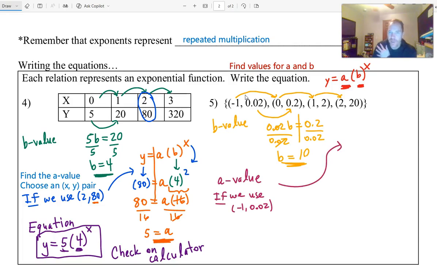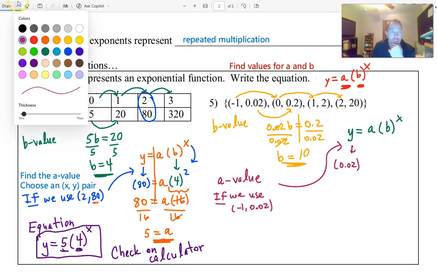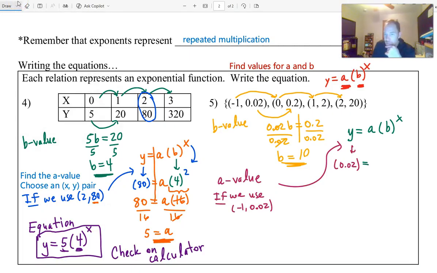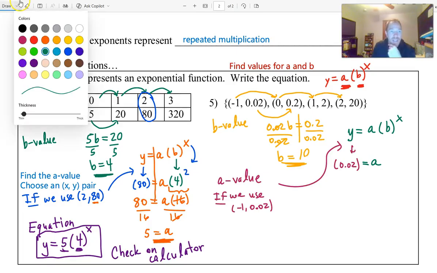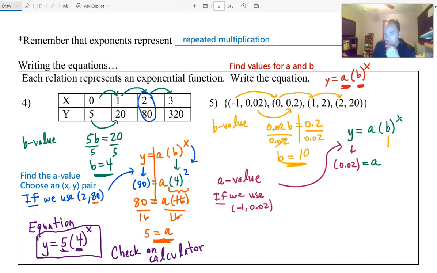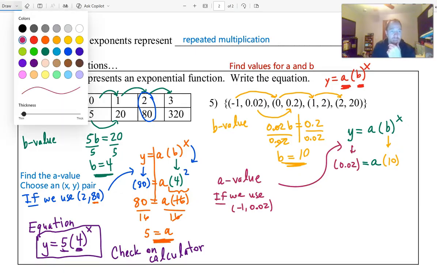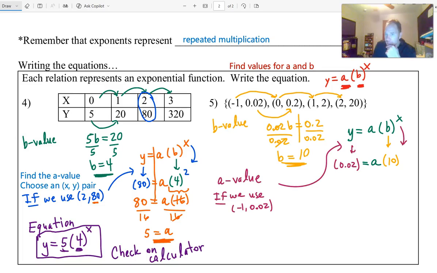So for my y value, I chose to use 0.02. Again, somebody else might have chosen 20 or 2 or 0.2. I picked 0.02. Then filling into the equation, that's equal to the a value, which I don't know, but I'm figuring out, multiplied by the b value, which is 10, raised to the power of x. And if I'm using 0.02 for y, I have to use -1 for my x value.